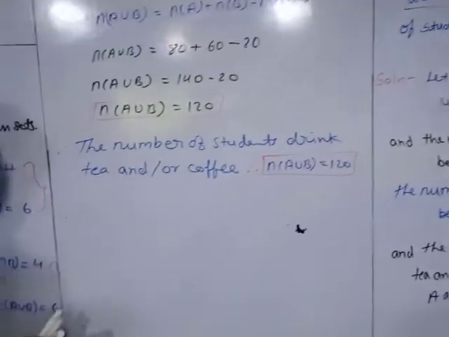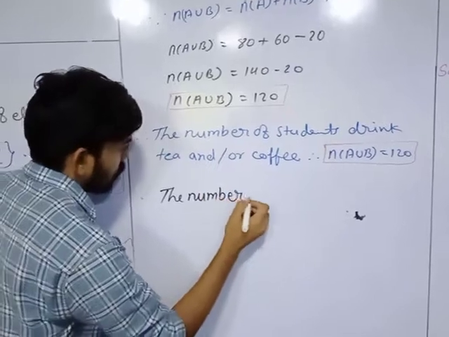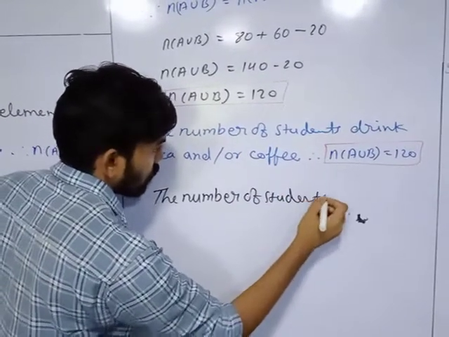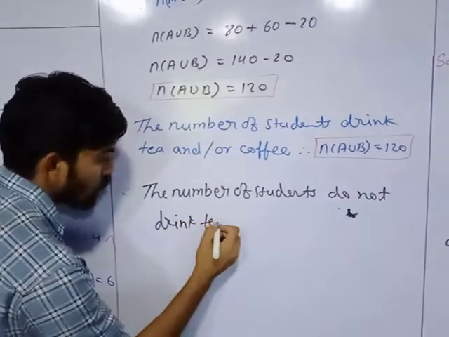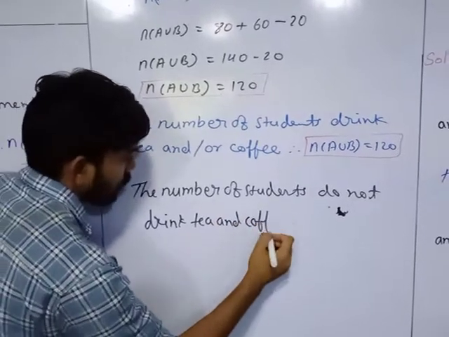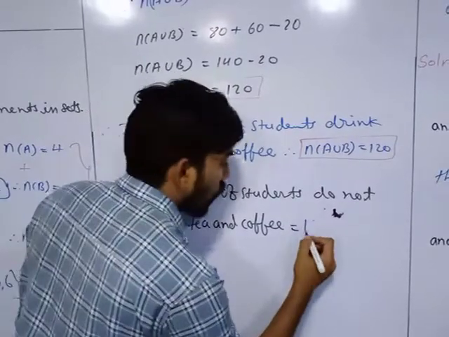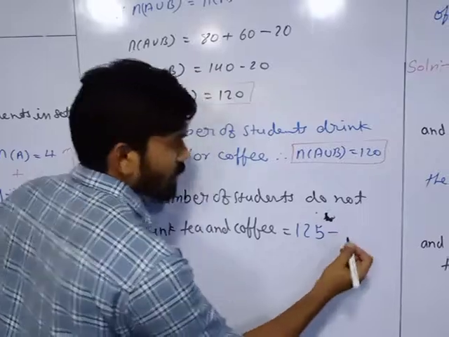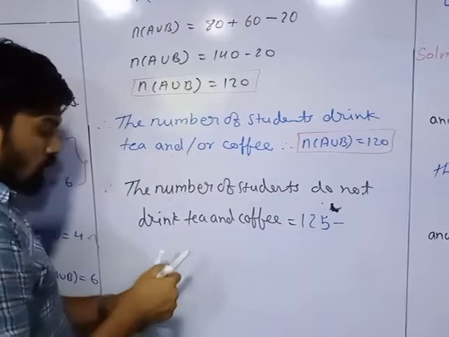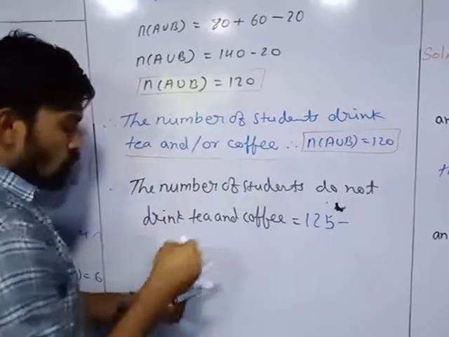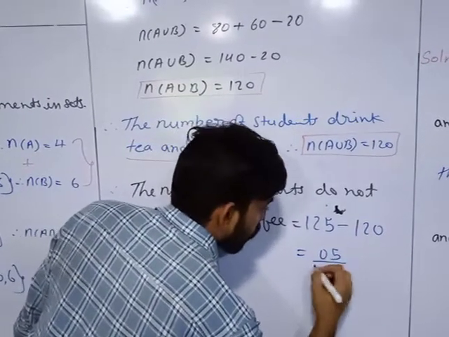Therefore, the number of students who do not drink tea and coffee is equal to the total number of students, 125, that is given, minus A union B, the number of students who drink tea or coffee. If we subtract 120, we will get the number of students, that is 5.